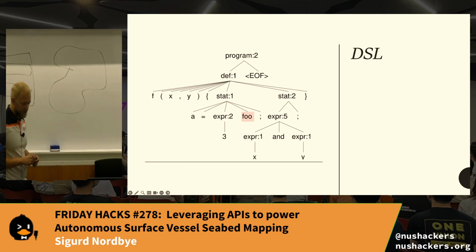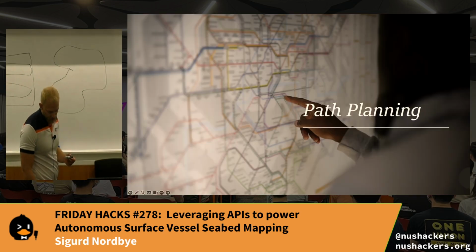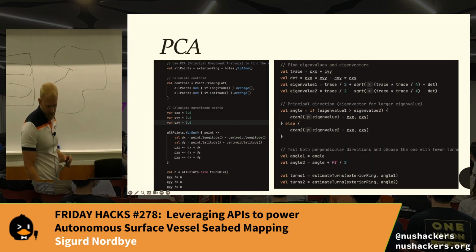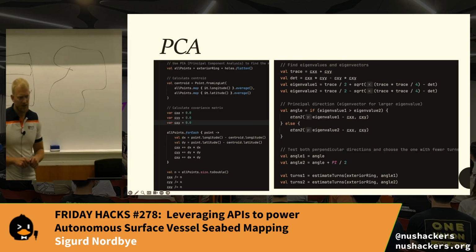So therefore I used principal component analysis, which I don't know if any of you have math for AI this semester, but we just learned about it. It's pretty cool. It's a way of finding the direction of a certain data set.